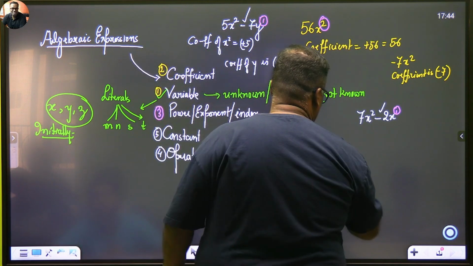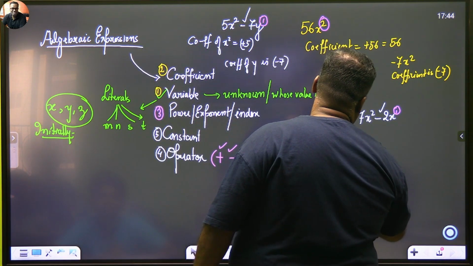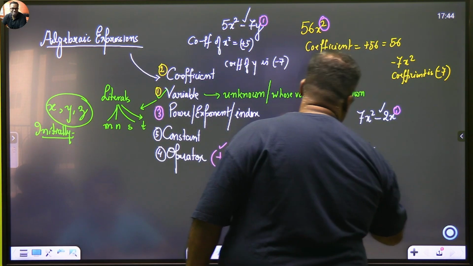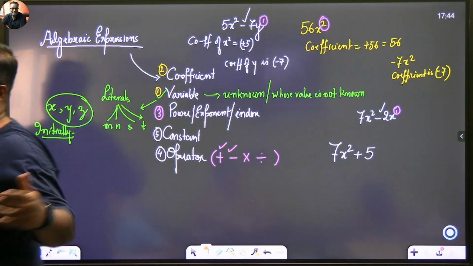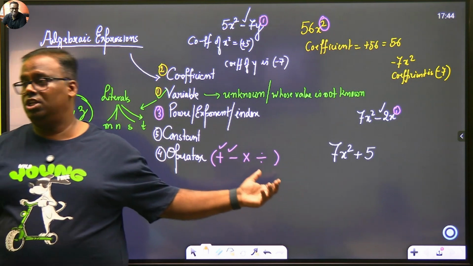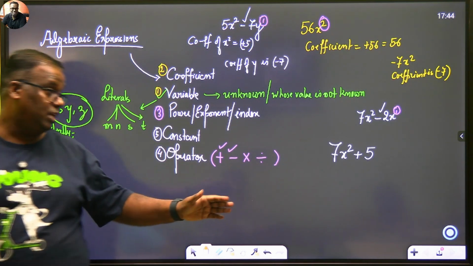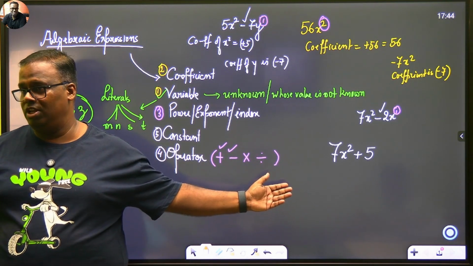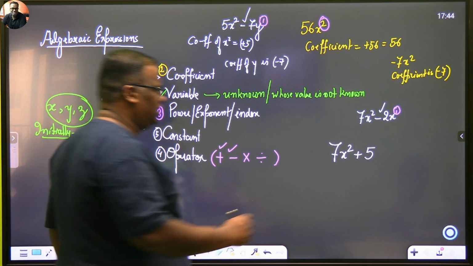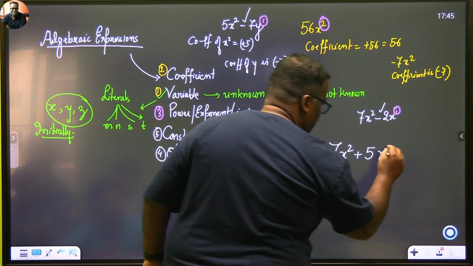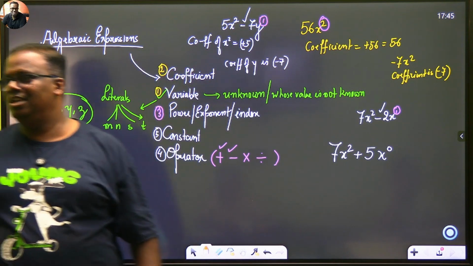Say for example, I have an algebraic expression 7x squared plus 5. Now just look at the two terms. The first term has got a variable in the power of 2, with a coefficient of +7, and the next one does not have a variable, but it actually has a variable. Your eyes are not seeing that. It does have a variable.